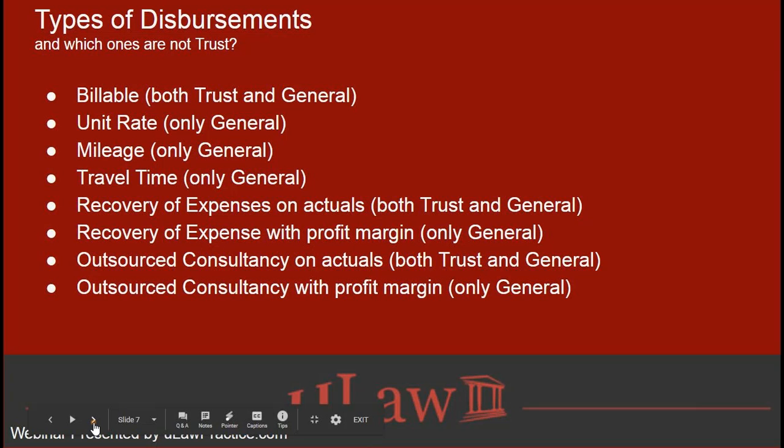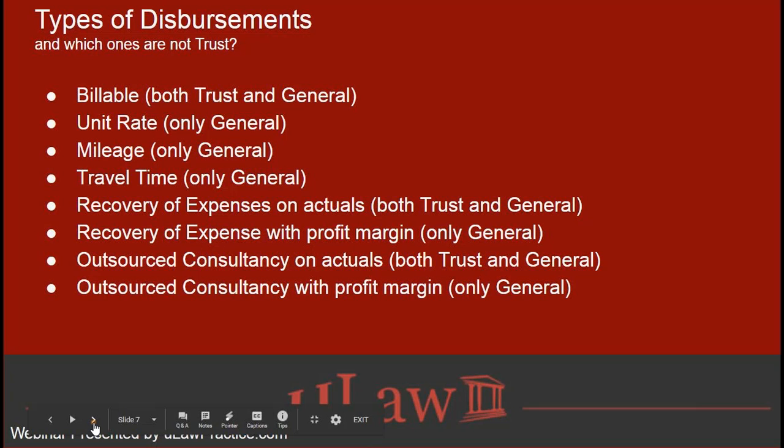So in totality, if it's a recovery of expense, which is really what the disbursement is, on an actual basis, so basically you paid $100 for a court fee with no taxes, and that's exactly what you're recovering from the client as a disbursement, you can use the trust account, so basically you can pay it off from your trust. You can either accommodate an additional $100 as part of the retainer, or maybe you need to ask them for more top-ups to that retainer later on.